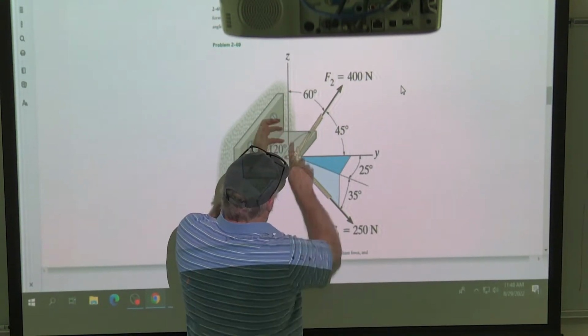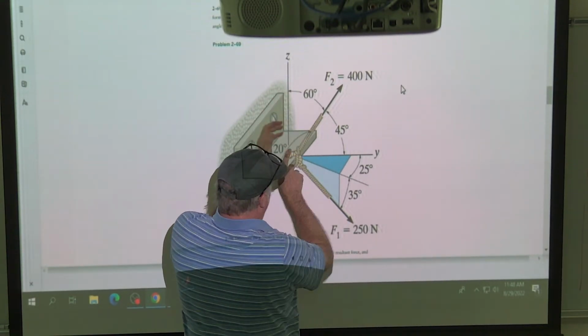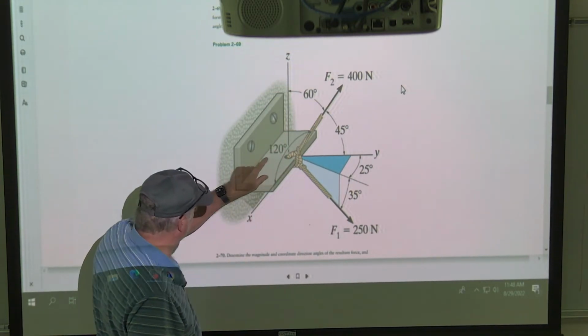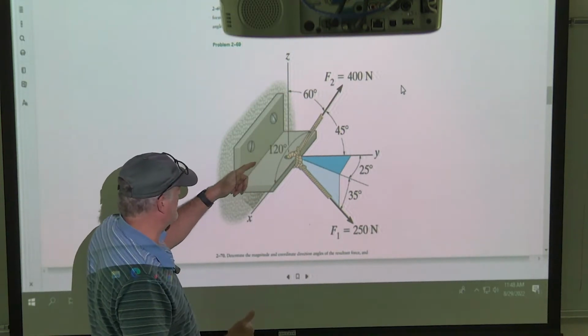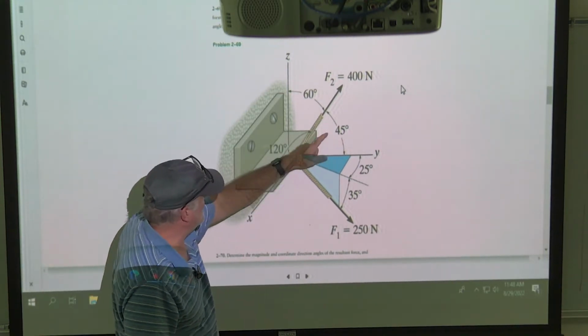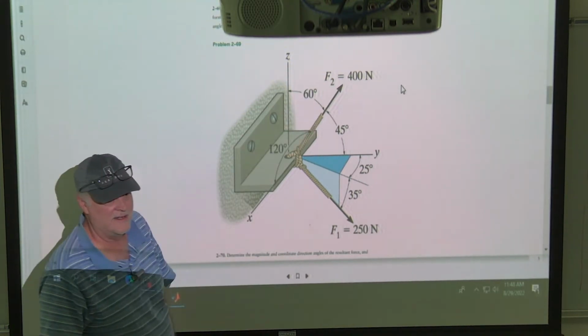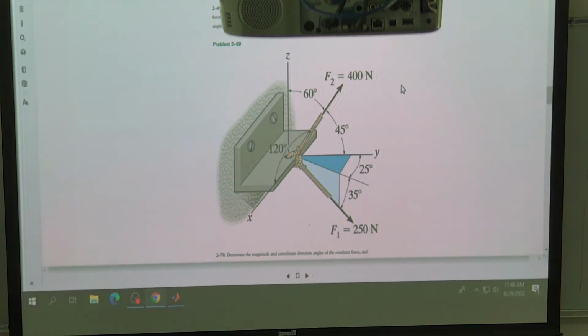Then you have that component, which is 60 degrees, and then you get the 45. So you can see, if you look back, cosine of this gives you that first component, cosine of that, 1 over square root of 2, and then a cosine of that. And that's what's showing up in that.